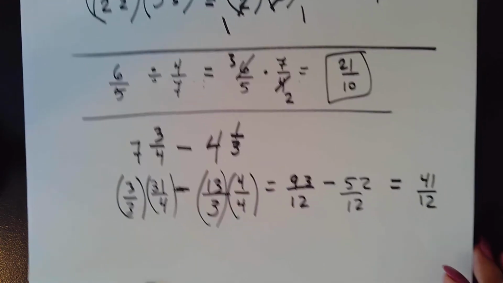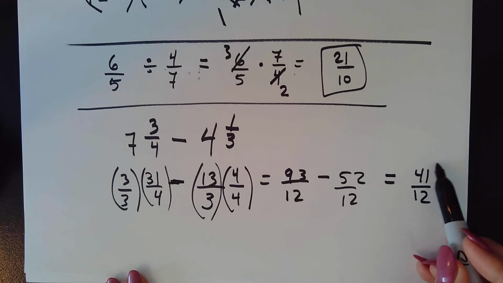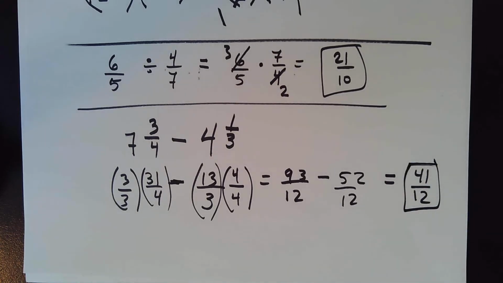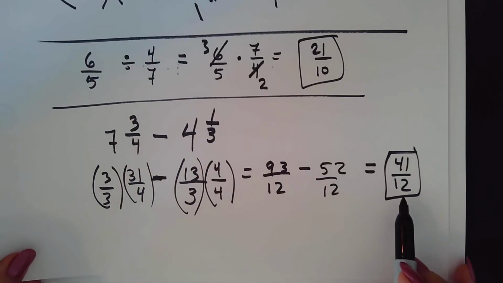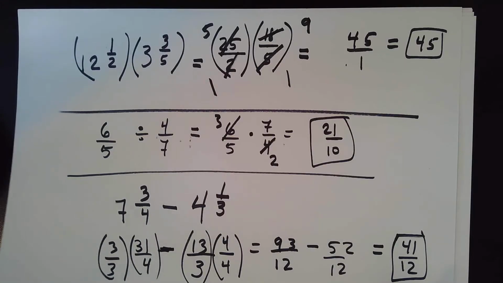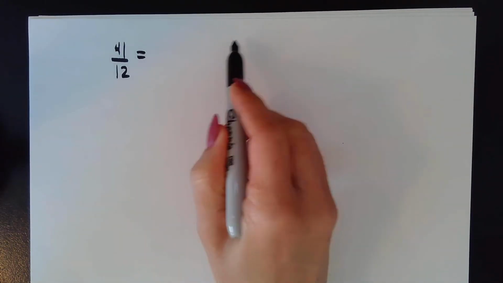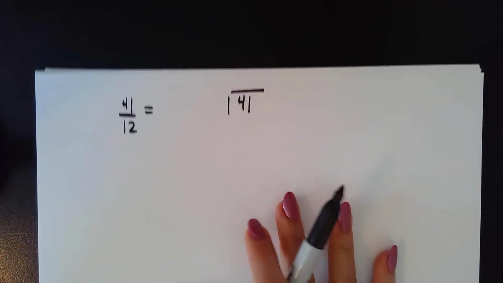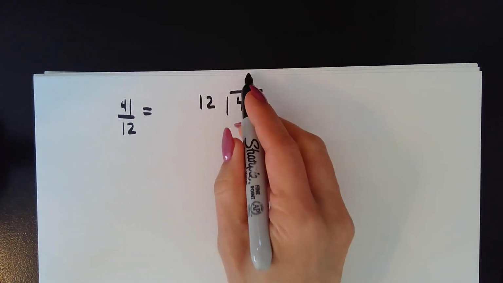You can just simply write this. How do I write an improper fraction as a mixed number? Well, you can divide. Now, I think that MyLabs Plus will take this answer, right? But in case you need to change it to a mixed number, if you have 41 over 12 and you need to change it to a mixed number, you carry out the division problem, 41 divided by 12, and 12 goes into 41 3 times, right?